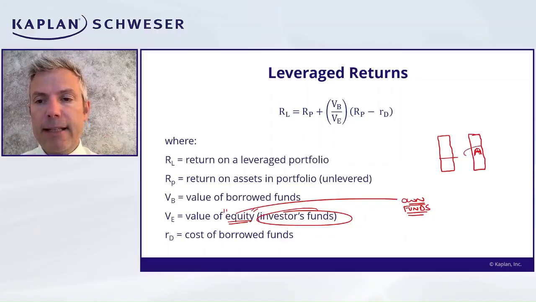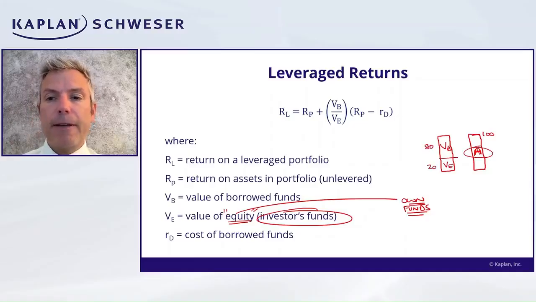These assets have been funded partly by the investor putting their own funds up, what's called VE, the value of their equity, and partly by some borrowings. So we'll call that VB here, the value of borrowings. So you might have $100 of assets. You might have only put up $20 yourself, and therefore you've borrowed 80. All right, that's the kind of big idea here.